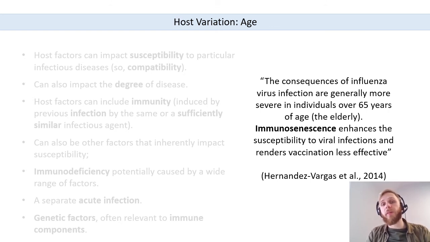The immune system ages as an individual ages, and this means an individual often has a reduced ability to combat infection, and it also means it's less likely that vaccination will be able to induce a strong protective response, because again, this concept of immunological aging, so immunosenescence, means that an individual's immune system is not functioning at the same level when they are elderly compared to when they are young. Immunosenescence is the key term, this idea of the immune system aging and losing a degree of functionality as it does so.